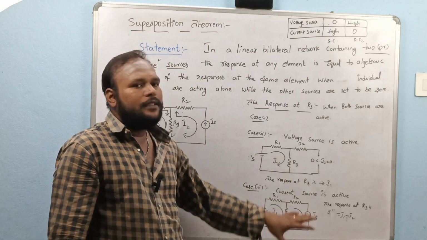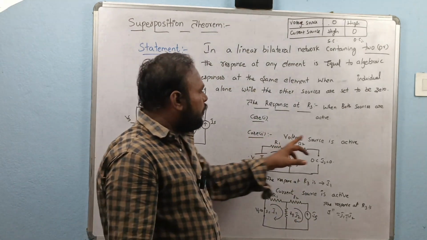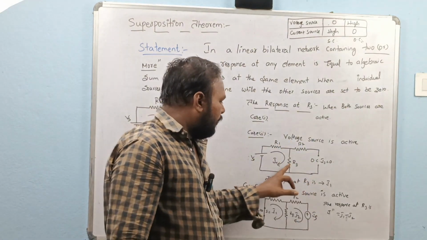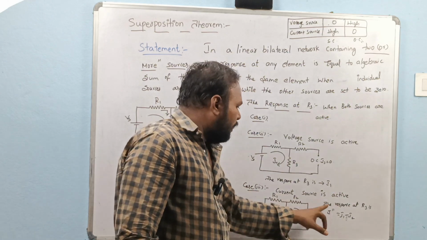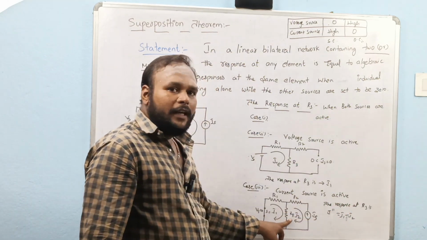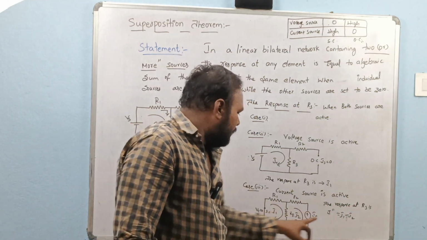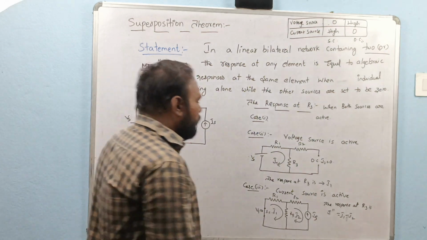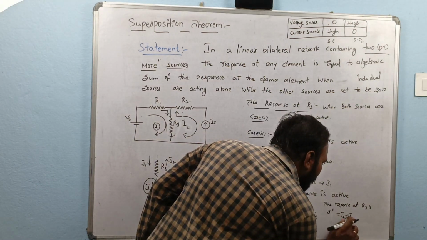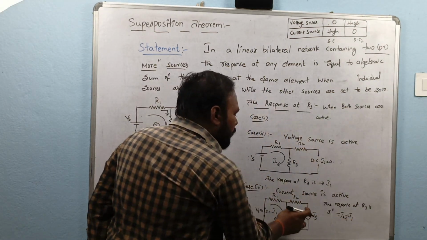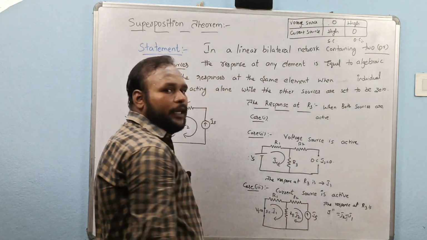Let us assume these currents like this. While voltage source is active, the current is I1 at R3. While current source is active, the current through the R3 resistor is I2 minus I1. Why? Because we are considering this loop. Current direction is here.